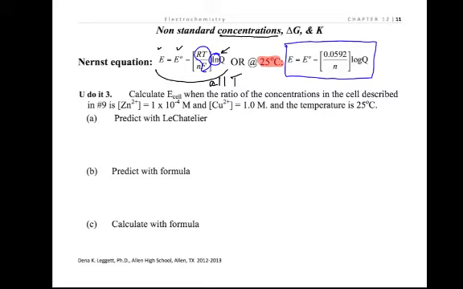All right, let's first take a look at this situation here. We want to calculate E of the cell when the cell that was described previously, and so this was in a prior problem, so I'm going to set it down right now.